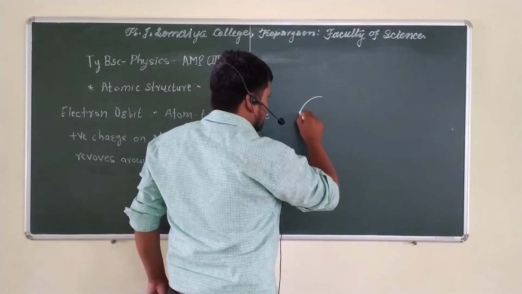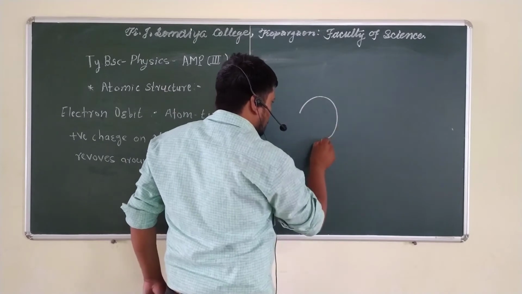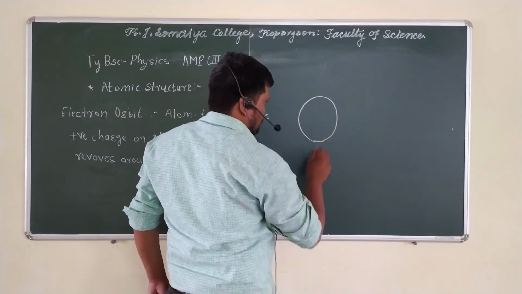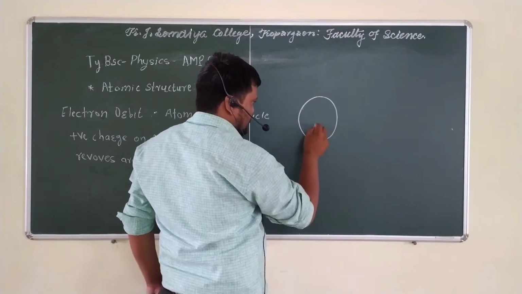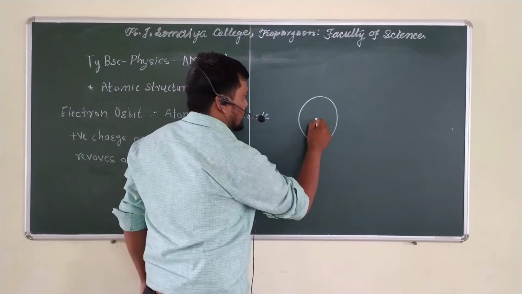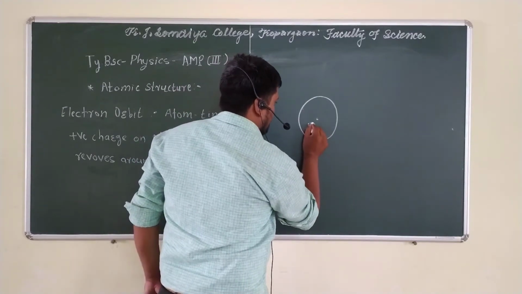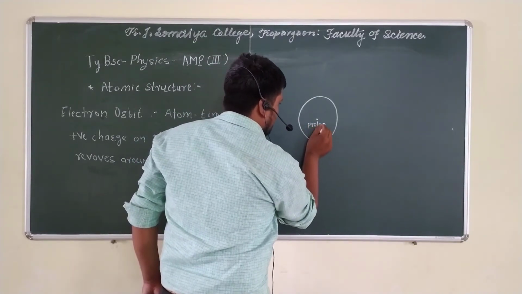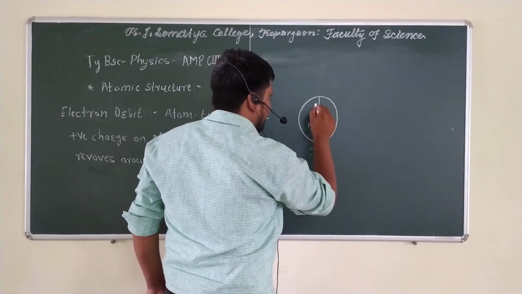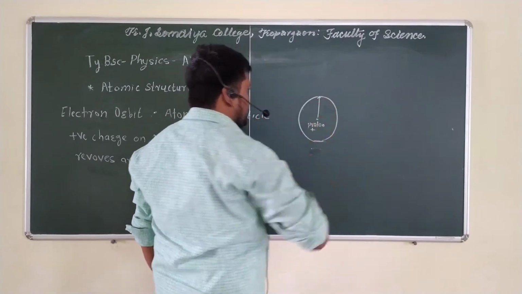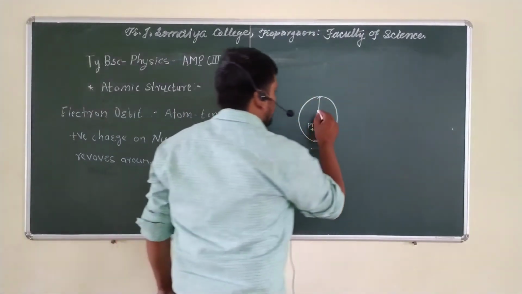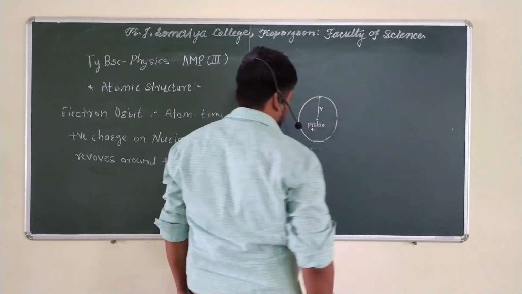Considering this positively charged nucleus, at the center, in the nucleus, the proton is present. The proton has positive charge, and this is the radius from the center of the nucleus to the shell of the atom, denoted by small r.